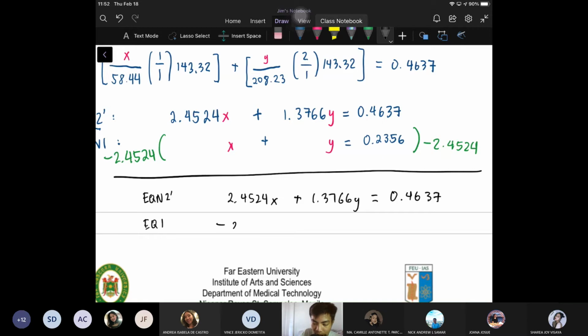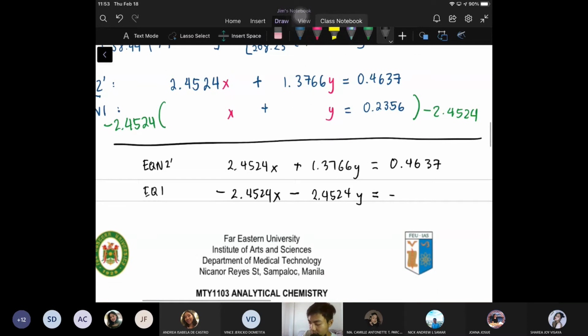So, that will be negative 2.4524x minus negative 2.4524y equals, multiply natin yan, 0.2356 times negative 2.4524. That will be negative, ito kopyahin natin lahat, no?